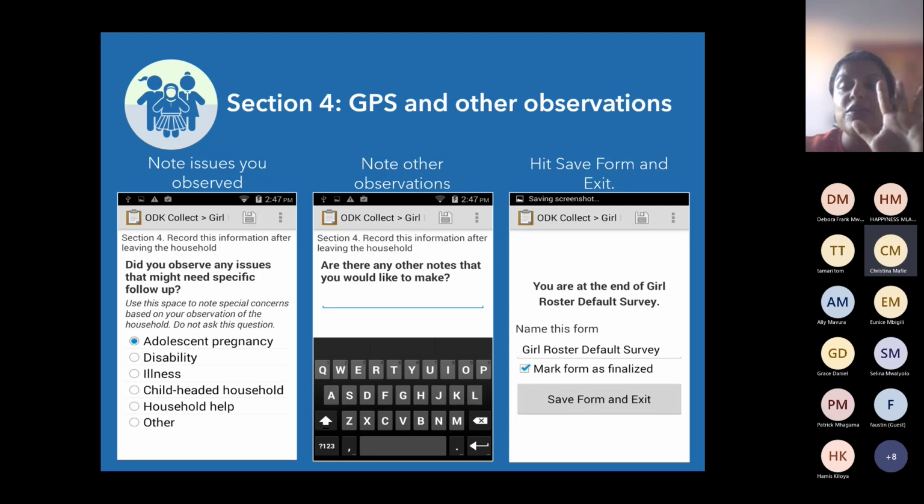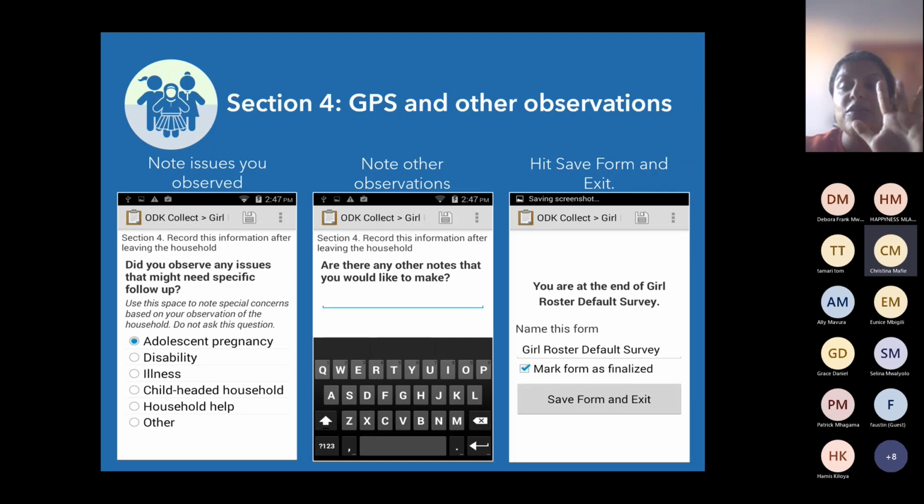And this is your opportunity to take down qualitative observations. What I mean by that is you asked the head of the home about the girls who live there. You asked her very impersonal, non-sensitive questions. It does not mean, however, that you did not observe things that you want to make sure are recorded.